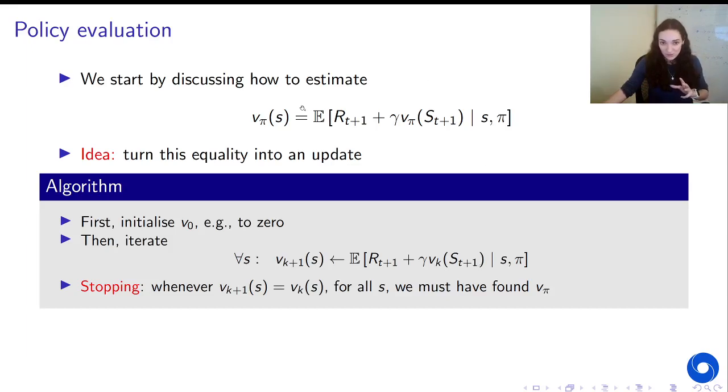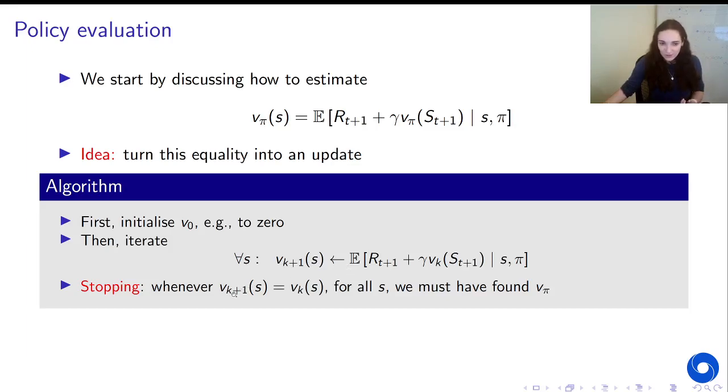So this is using this equality that we know holds for the estimate we're trying to get to update towards that estimate.